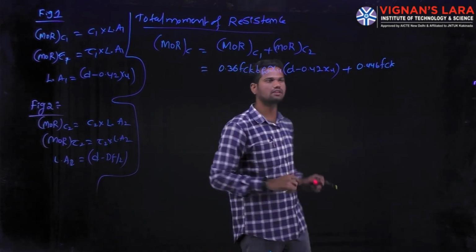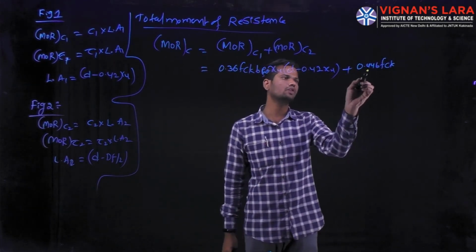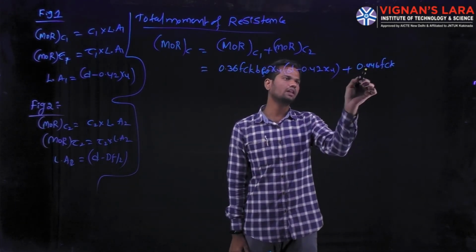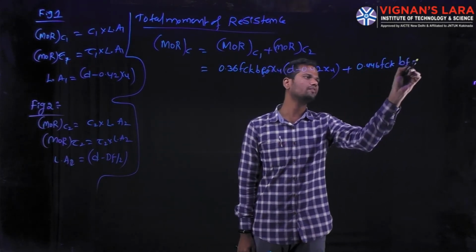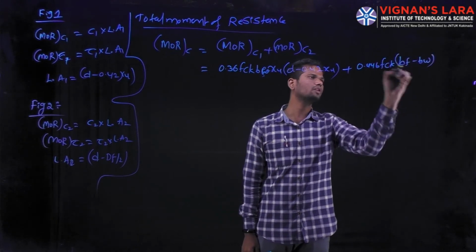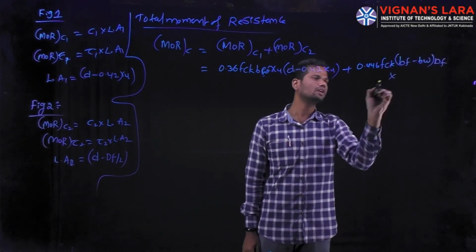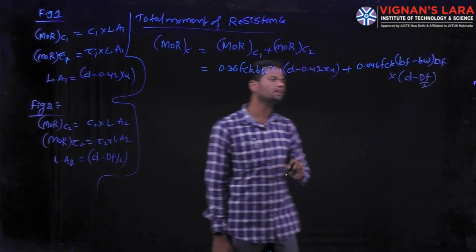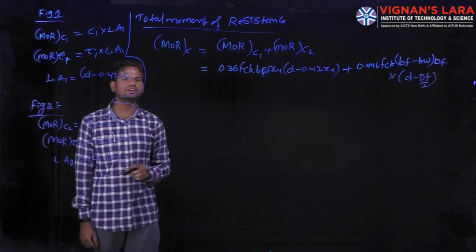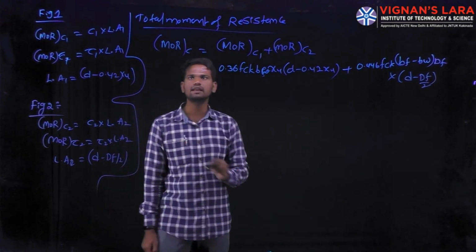See this always. Next, the total compression C2 equals stress into area, that is 0.446 into FCK into BF minus BW into DF, into the lever arm distance D minus DF by 2. This is the total moment capacity for the entire T beam.